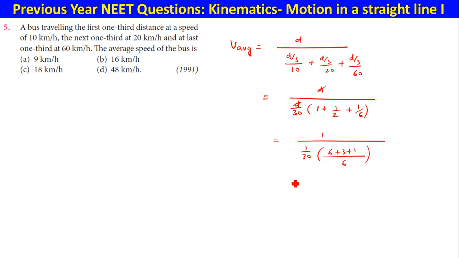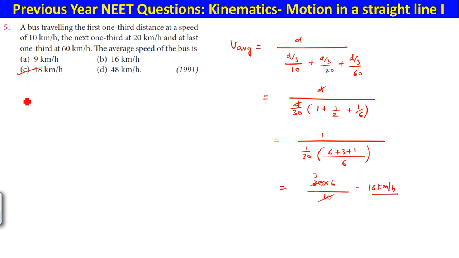So 6 plus 3 plus 1 is 10. So basically you'll get 30 into 6 divided by 10. 6 plus 3 plus 1 is 10, and 6 threes are 18 kilometers per hour. That is going to be the average speed.